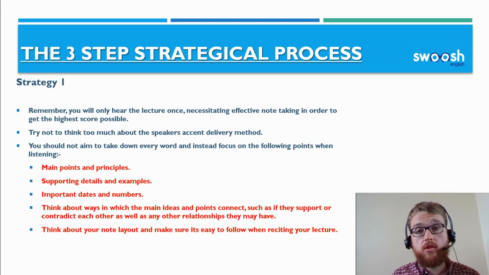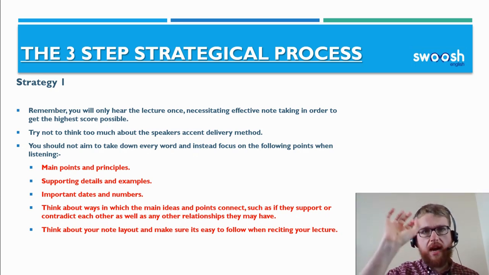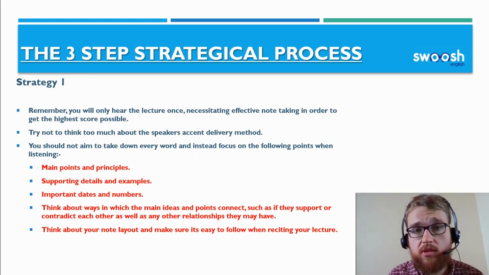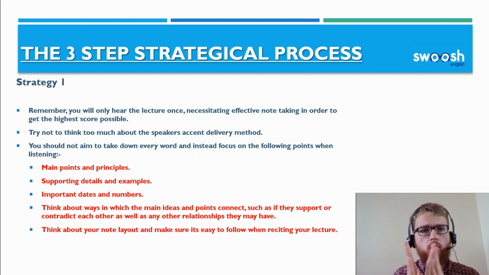A skill that many people have is designing a little flow chart with arrows and symbols to show the relationship that each of the points have with each other, as well as taking down words in note form. After all, spelling is not important. You will not be submitting these notes, but basically you want to be taking down notes as quickly and effectively as possible, and then be able to recite them at the very end.